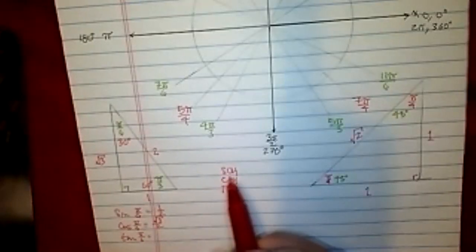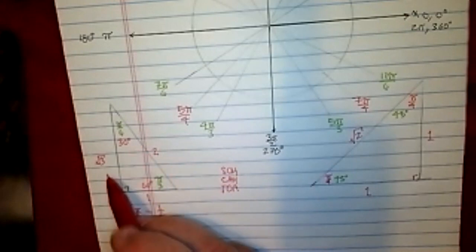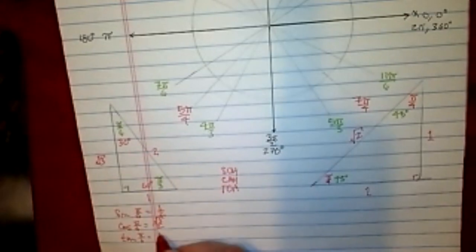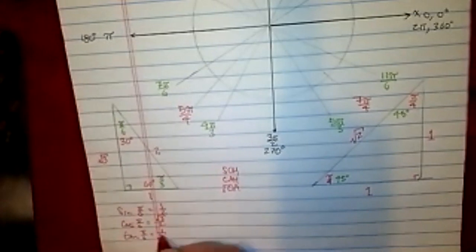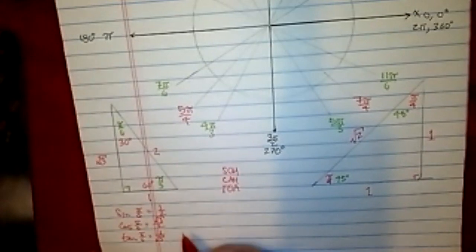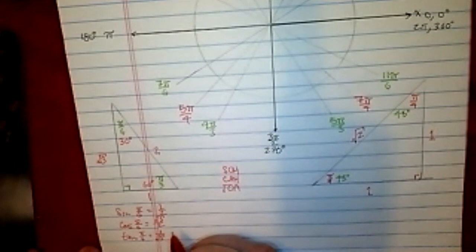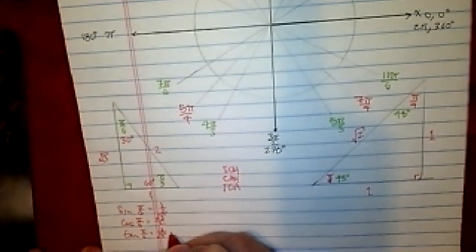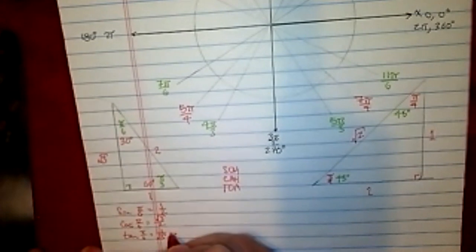Tangent is opposite over adjacent, so opposite is 1, adjacent is square root of 3, so it'll be 1 over square root of 3. Now, we don't like radicals in our denominator, so we can normalize this by taking the square root of 3 and dividing it by the square root of 3 and multiplying that. That's just 1. That's why we're allowed to do that.